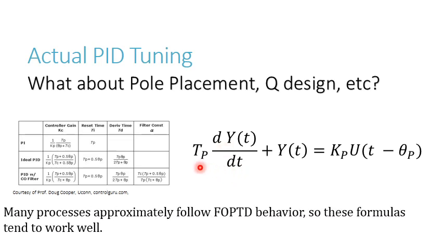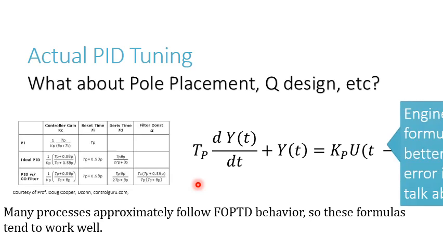It so happens that the process time constant, process gain, and process dead time show up really in the time domain data that you get from bump tests all the time, especially in chemical processes and things you're going to find in heavy industry, which means that this first order plus time delay differential equation is in fact a pretty good model of a lot of processes you're going to come across.